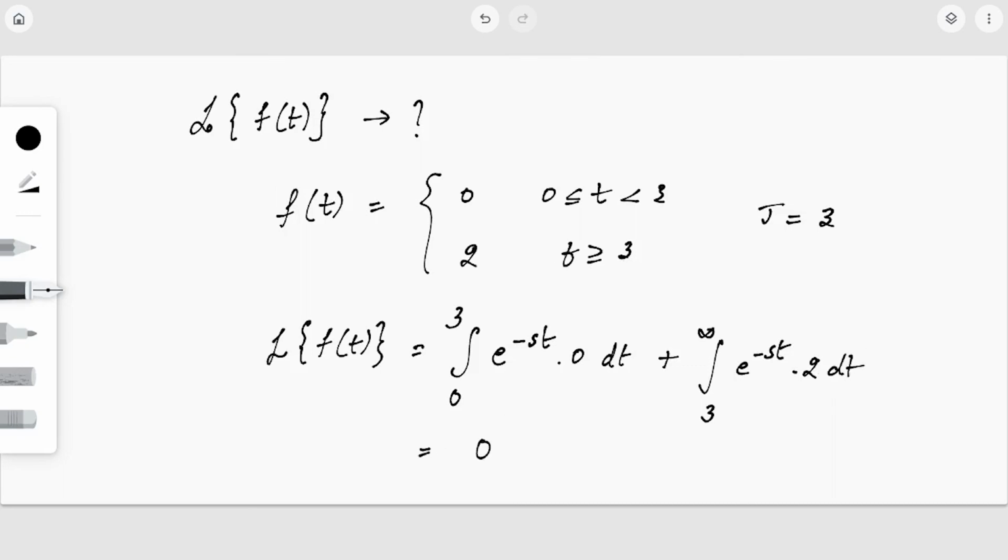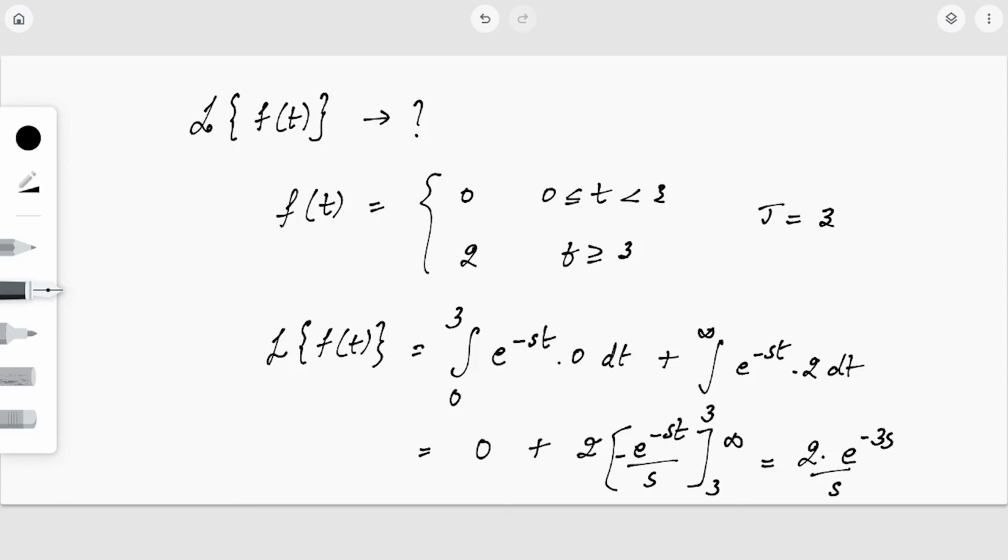So the first part is 0, and now plus 2 into the integral of e raised to minus st, which is e raised to minus st by minus s, varying from 3 to infinity. So the first term is 0, the second term is negative into negative, which becomes positive. So this is 2 e raised to minus 3s by s.